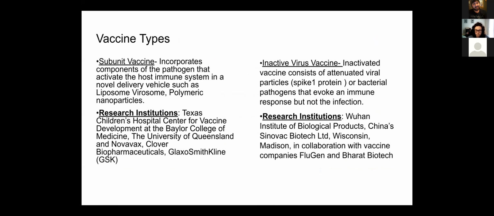So the main ones that I found were the liposome and virosome, although there are also polymeric nanoparticles. So how this actually works is, it's embedded into the liposome, and the liposome actually goes through the membrane of the cell and delivers the actual protein.